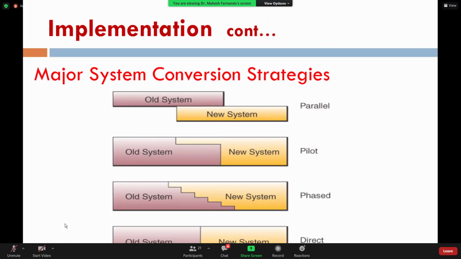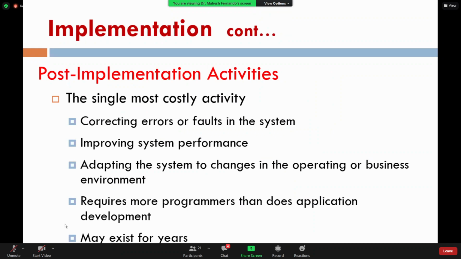Likewise, these are implementation, and there are post implementation activities also. Sometime after we implement, this is something that we might need to face. A single most costly activity: correcting errors or faults in the system. Sometime after the implementation, we might need to go for this, right?